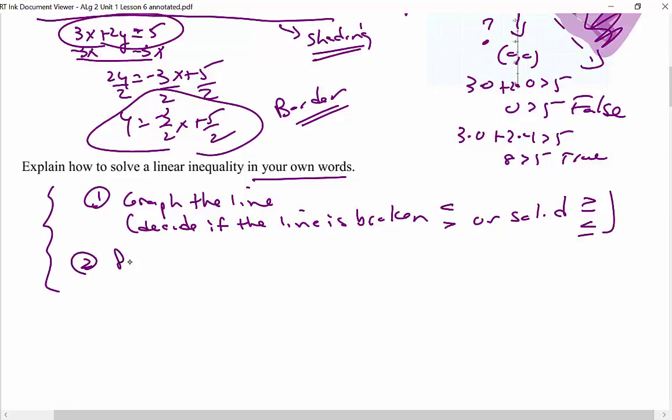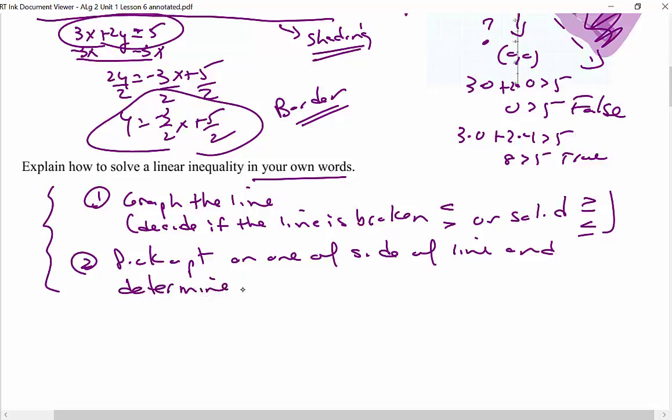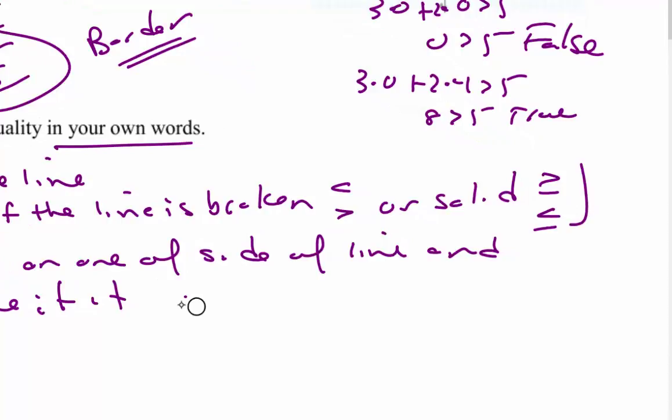Number two, pick a point on one side of the line and determine if it is true or false. If it's true, you shade that side. If it's false, you shade the other side.